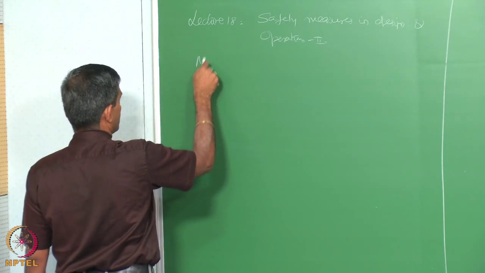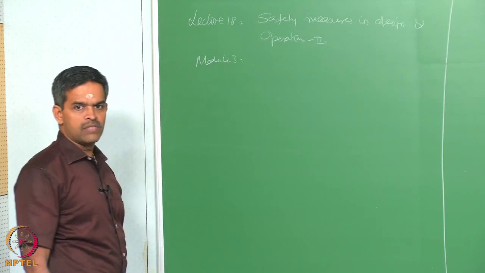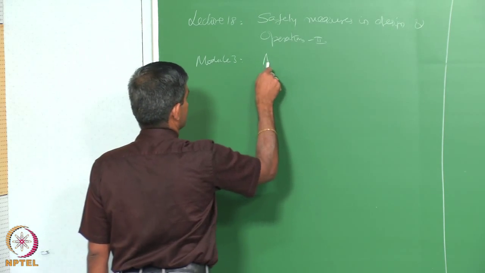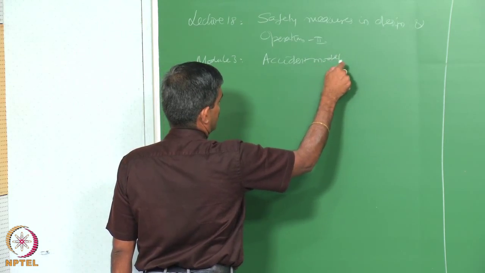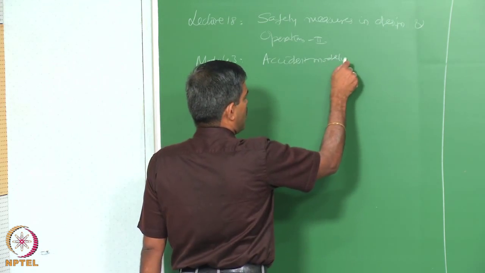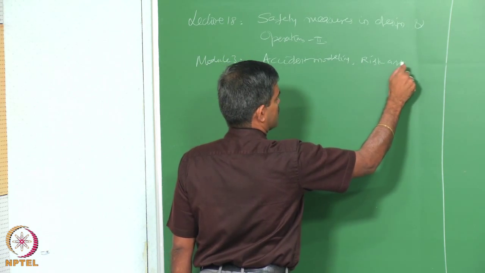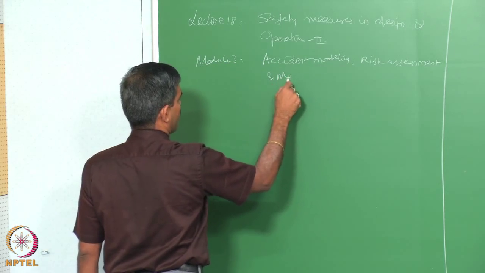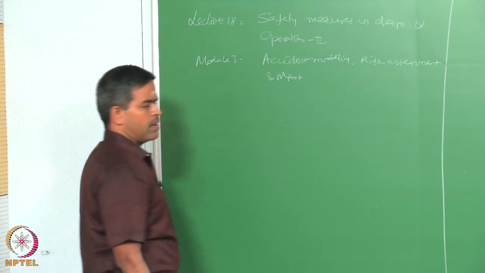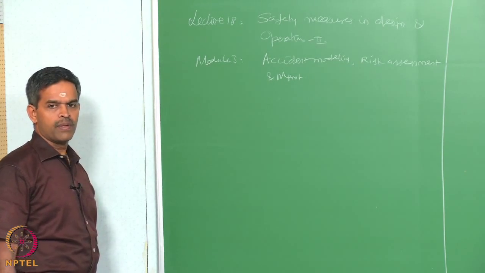This is the 18th lecture in module 3, and as we know, module 3 is focusing on accident modeling, risk assessment and management. In the last lecture we discussed some important safety measures in operation.